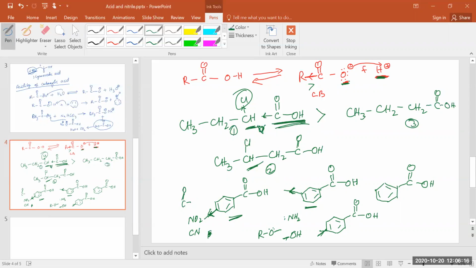They will decrease the acidity. The more donating, the lesser the acidity. Let's say here I have written the structures of 4 molecules. This will have the highest acidity. Then you will have the meta electron withdrawing one. Then this one without any group, and this will be the least acidic, in which electron donating groups are there. And again, you can further sub-rank them based on the nature of the groups.